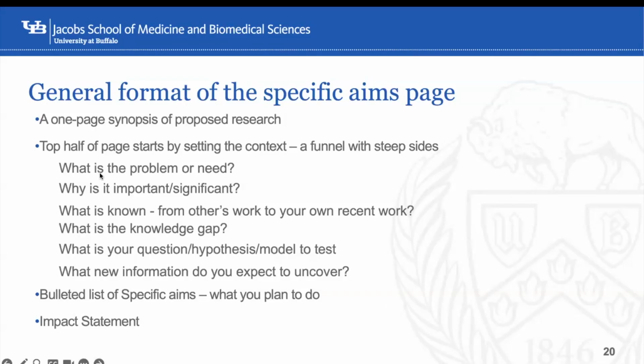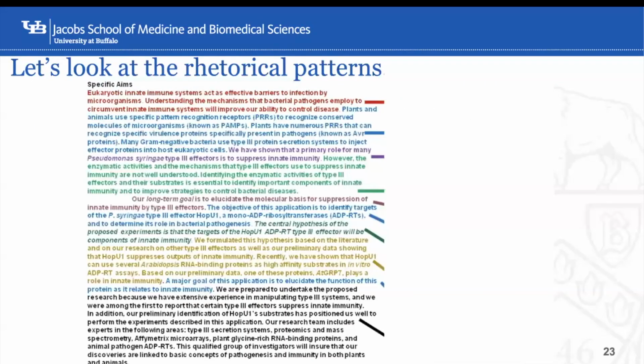There, you're going to frame what the problem is, what is important, what's known, what your question or hypothesis is, and what new information you expect to uncover. And then typically you have a bulleted list of specific aims, specific aims one, two, three, and an impact statement at the end.